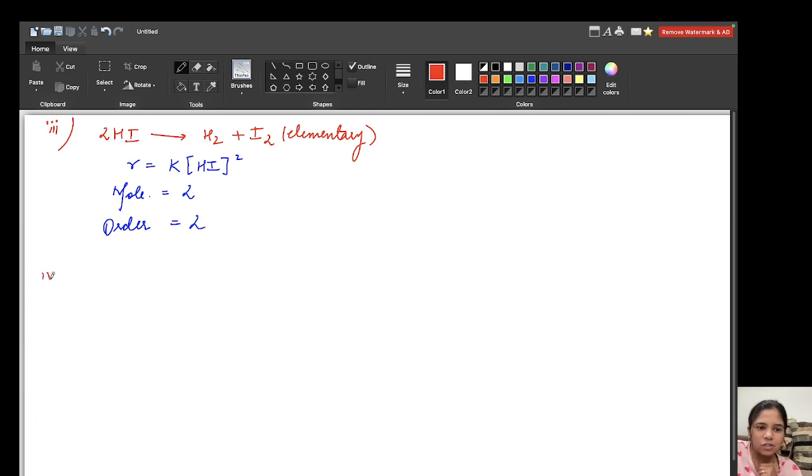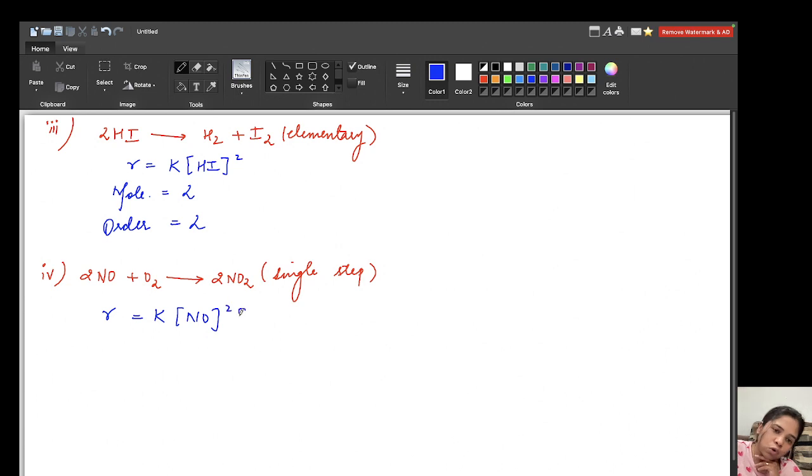The next reaction, 2NO plus O2 is giving me 2NO2. This is also a single step or elementary reaction. So here also your rate is equal to K NO raised to the power 2, O2 raised to the power 1.